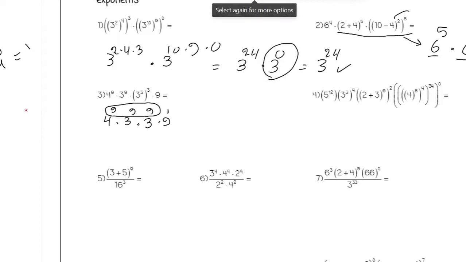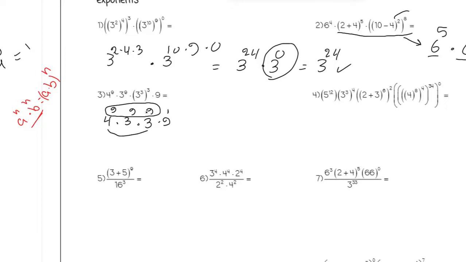If you remember, when we have a to the power of n multiplied by b to the power of n, we multiply the bases a times b, and we take one exponent or power. So here we do the same with these three, because three of them have the same power or exponent. I can write 4 times 3 times 3, then take 9, multiply by 9 to the power of 1.